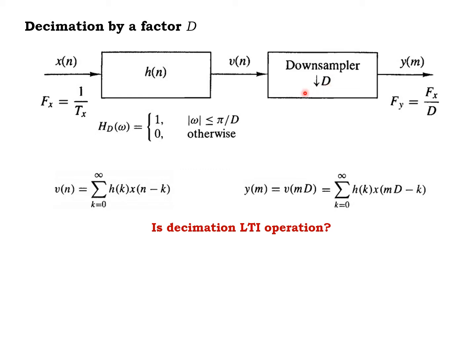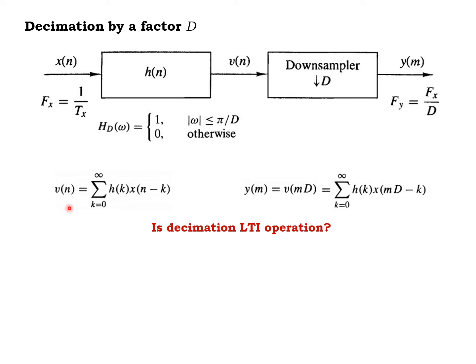So the signal x of n is downsampled to get the output. Here the magnitude function Hd of omega is equal to 1 for omega less than or equal to, instead of pi, pi divided by D, and 0 otherwise.